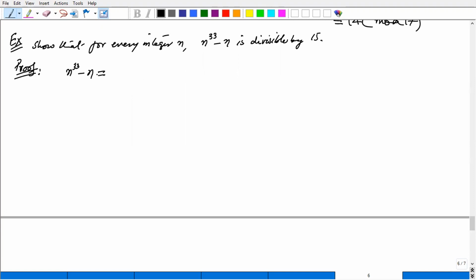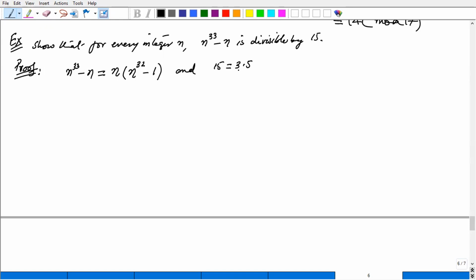This can be factorized by taking n as common, so we get n times n to the power 32 minus 1. And 15 can be factorized as 3 times 5, the prime factorization.